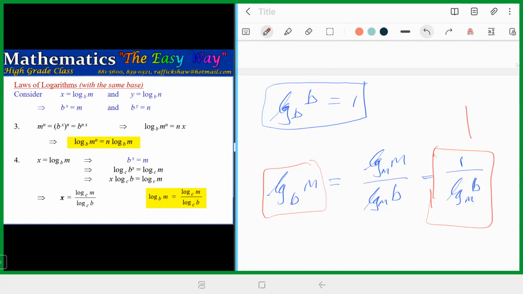This is for pure maths, you know. Pure maths students have to know that one too. Add maths won't get this. Pure maths will get it.